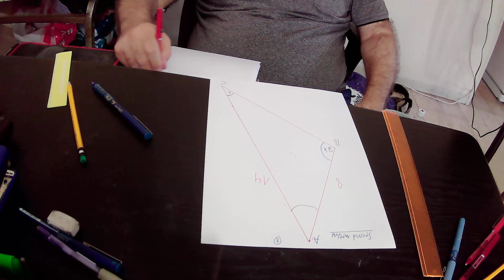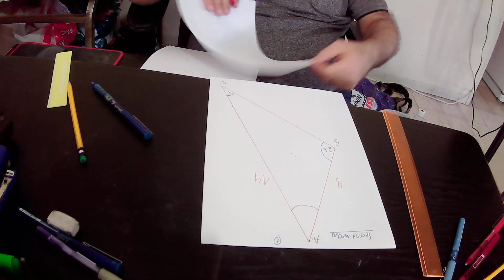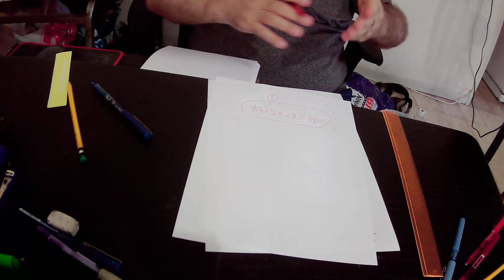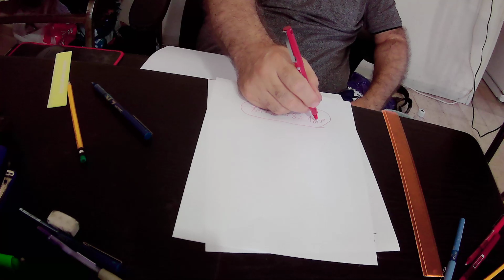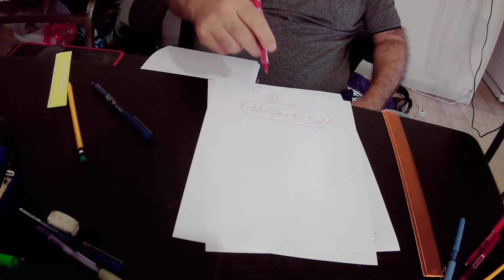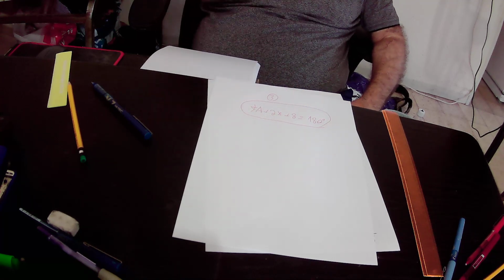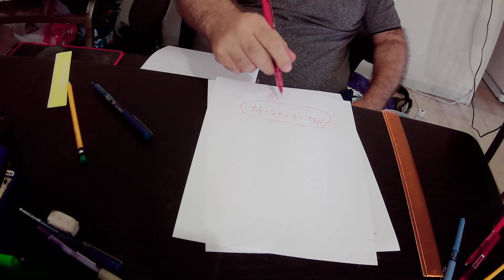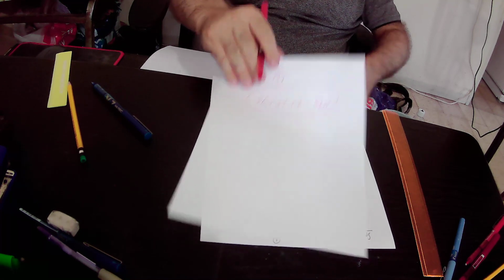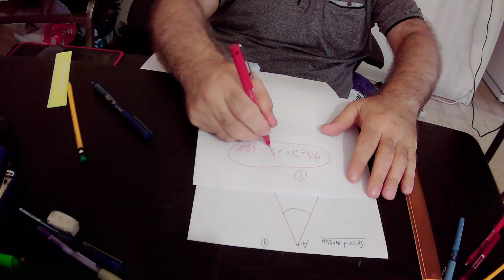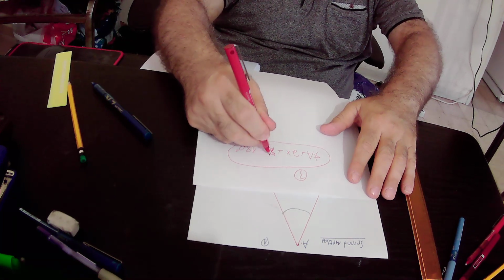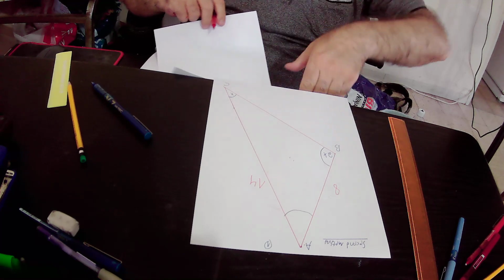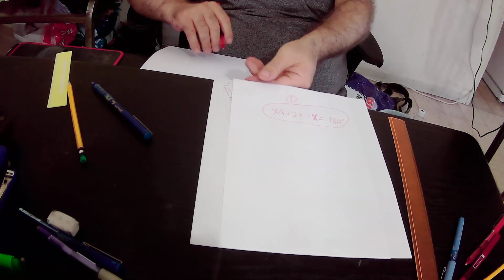This equality is true for any triangle in the world, so especially for our triangle ABC. So angle A plus 2x plus x must be equal to 180 degrees.